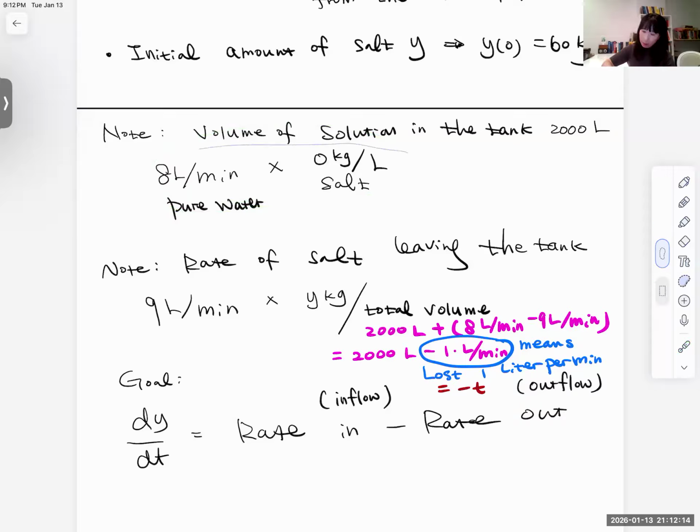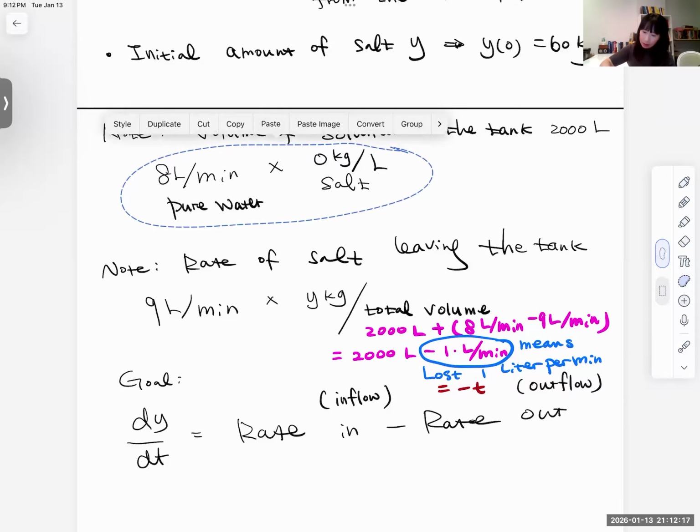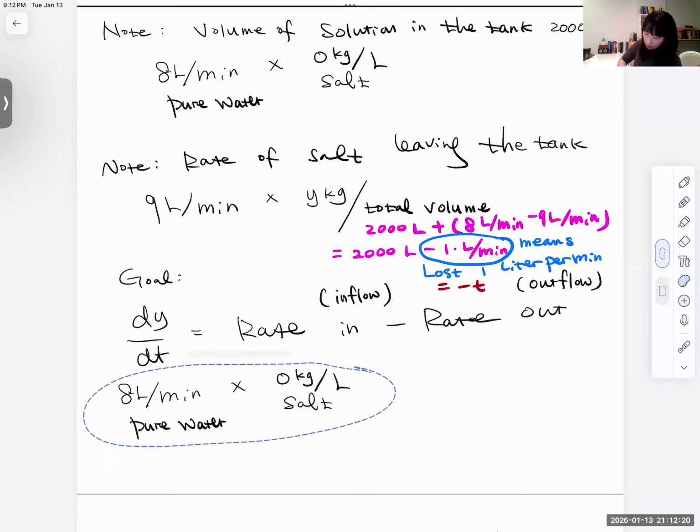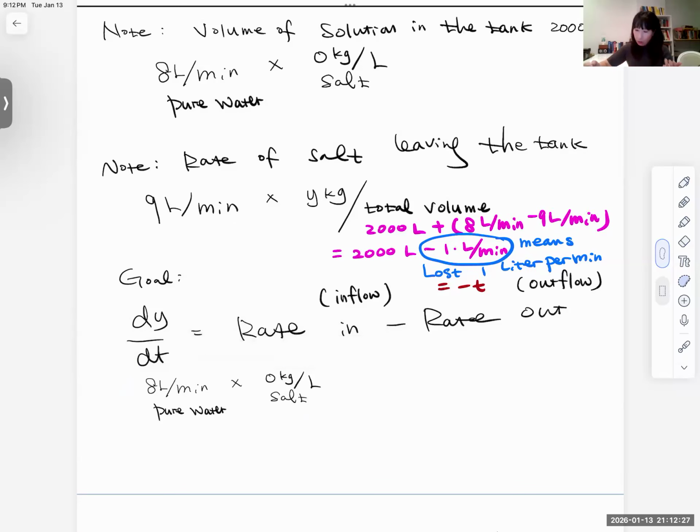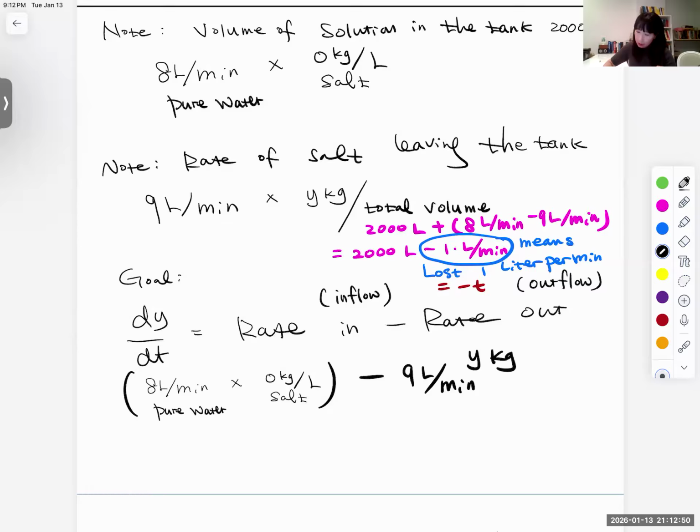Now the rate out is minus 9 liters per minute times y kilograms over the total volume, which is 2000 liters minus t, right?